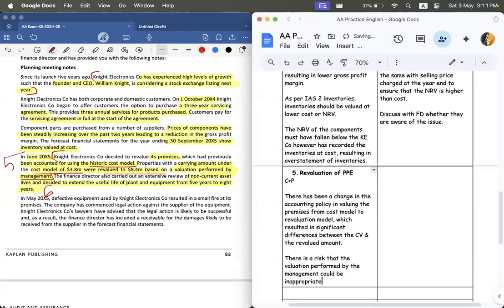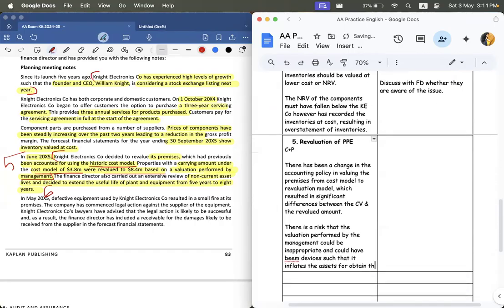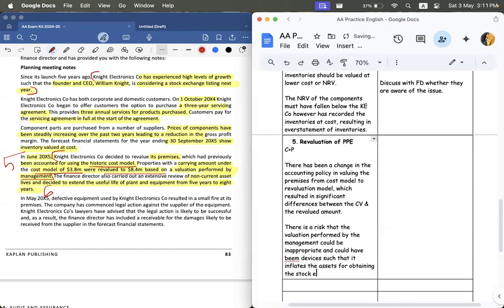And could have been devised such that it inflates the assets for obtaining the stock exchange listing. Clear?